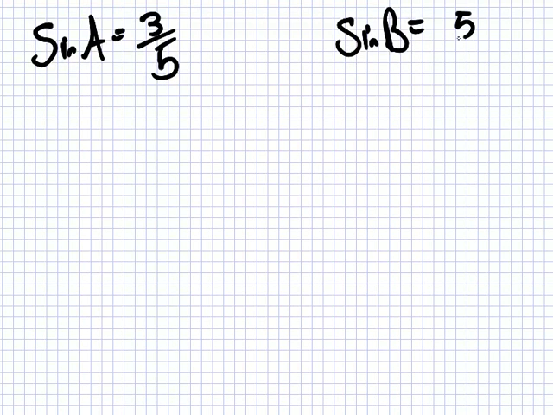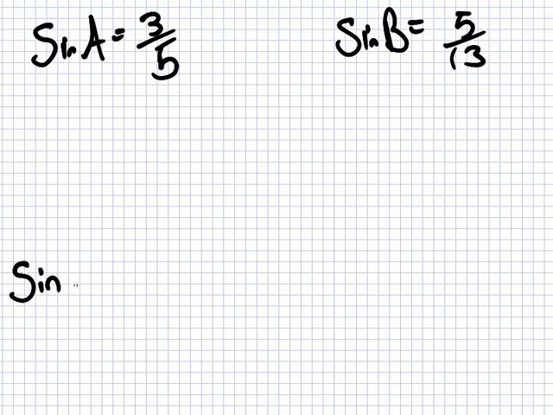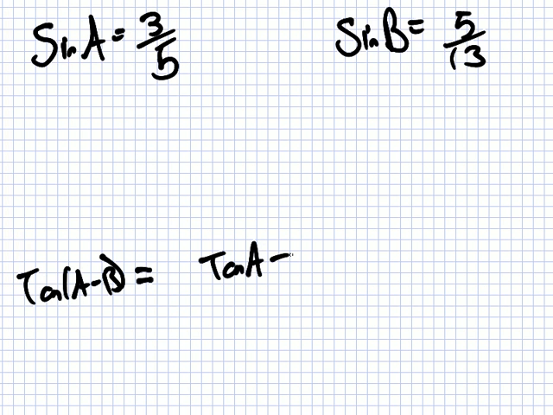And I'm looking for tan A minus B, and they tell you A minus B is acute, which we'll get to in a moment. So this is tan A minus tan B all over 1 plus tan A tan B.